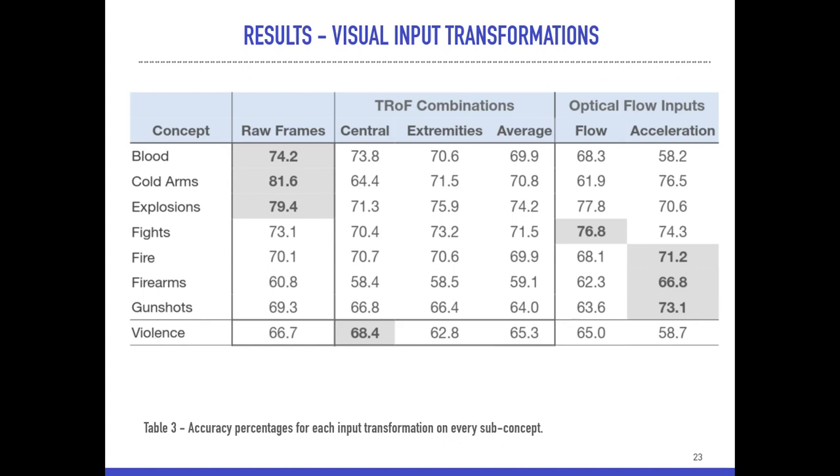Our best result here was with the late fusion combination, the central combination, detecting violence, but it is still a worse result than just using the concatenation. Concatenation is a method where, instead of using a fusion network, we just concatenate the last fully connected layer of each subconcept and feed it to the Inception V4 again.